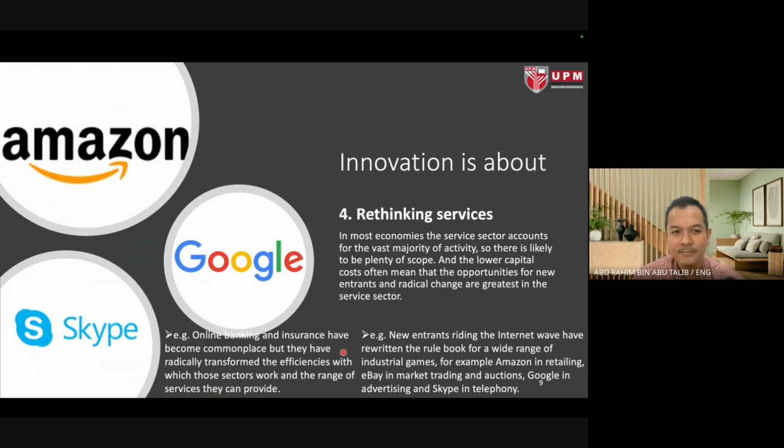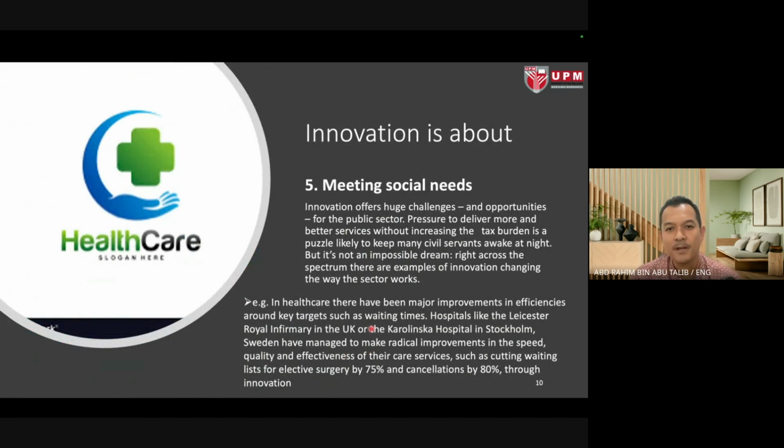All right. So the other aspect of innovation is meeting social needs, and this is probably something that you are not familiar with. We thought that innovation is about money transactions, but it is also about meeting social needs.